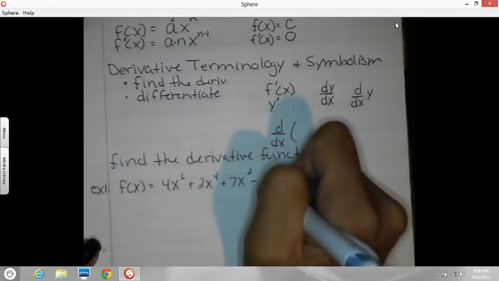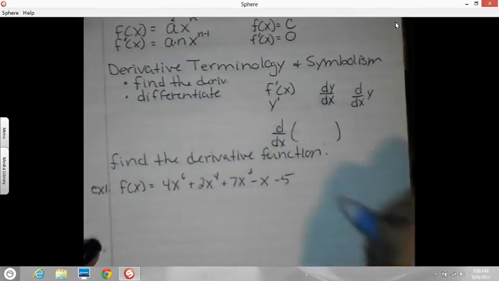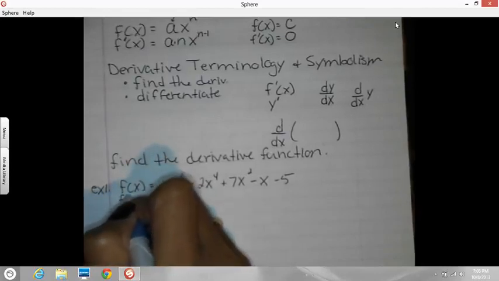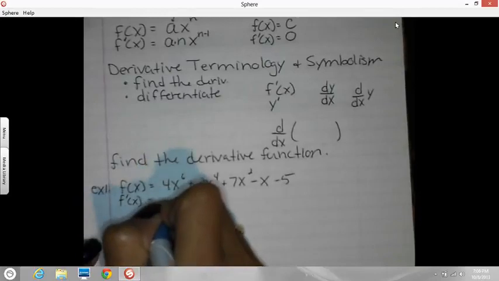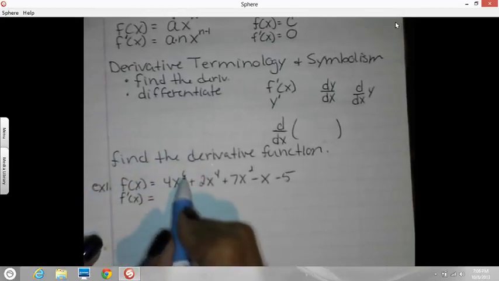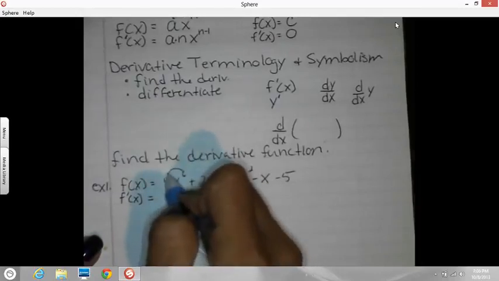So because I've got an f here, my only option is to use f prime of x. Okay, the shortcut says take the exponent and multiply. 24, x decrease by 1.